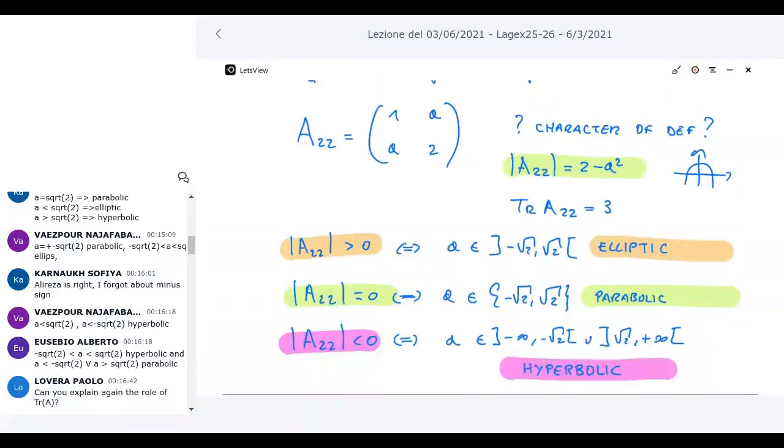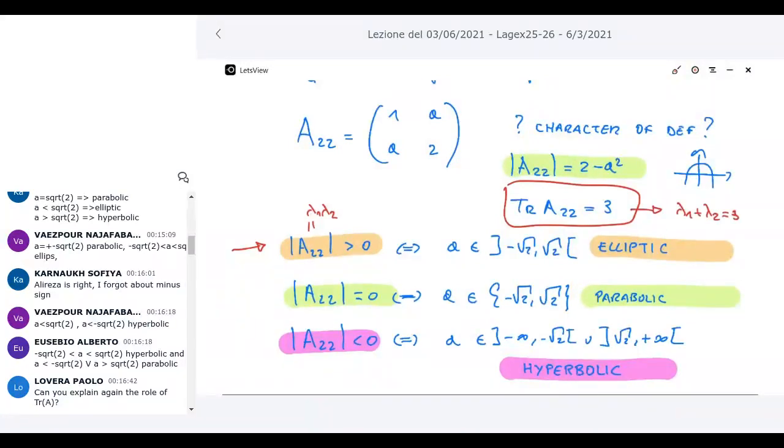Well, Paolo Lovero asked about the role of the trace. The role of the trace is what you need if you want to find the character of definition. So for example, in this situation, you only know that the eigenvalues have the same sign, right? So you're saying that lambda 1 times lambda 2 is positive. This one tells you that lambda 1 plus lambda 2 is equal to 3.